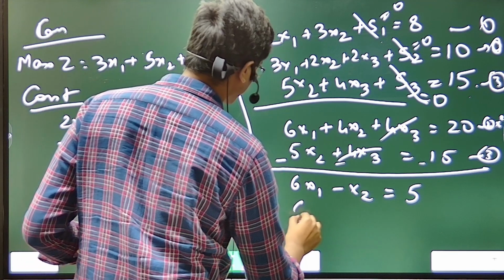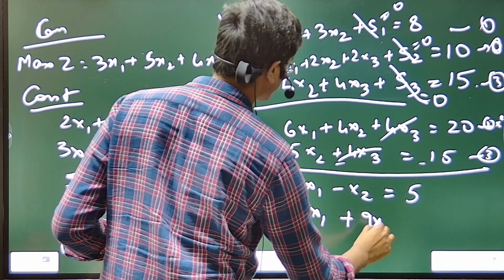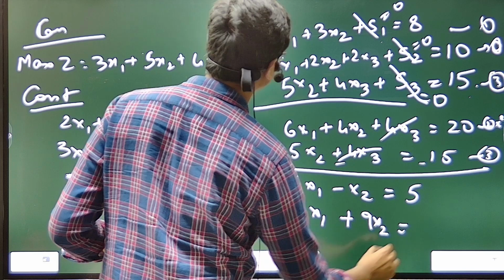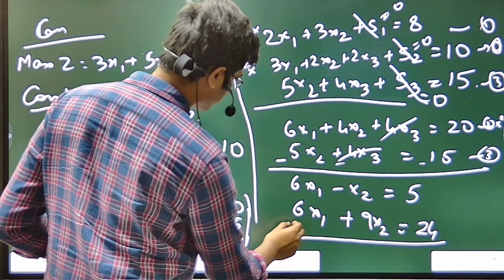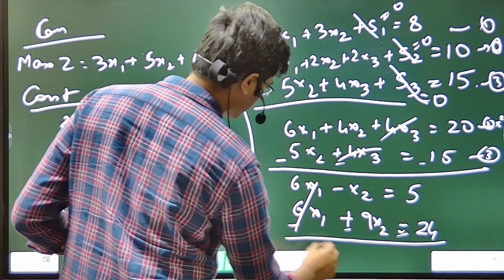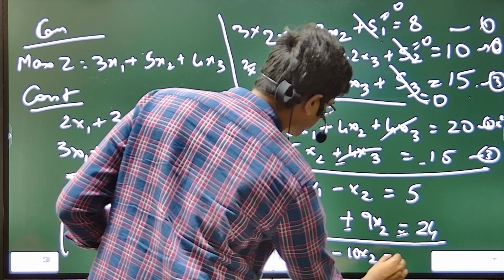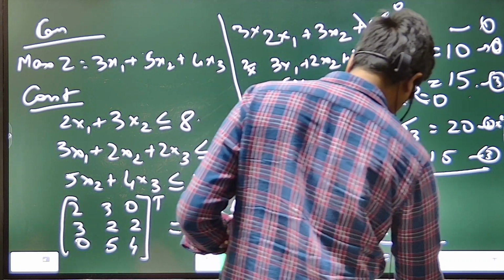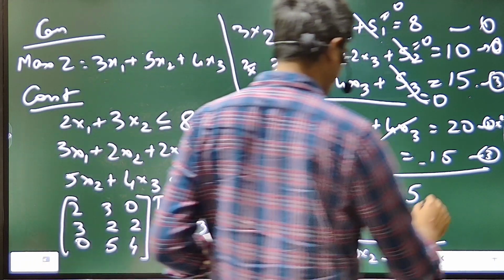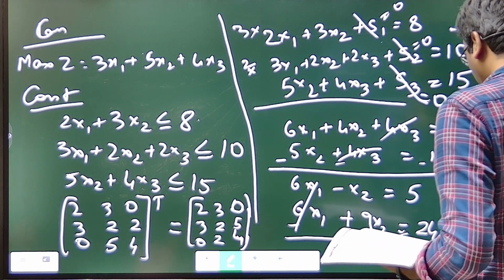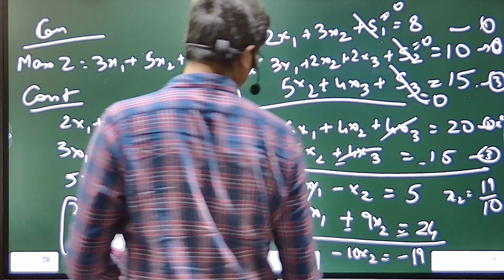You have 6x1 plus 9x2 equal to 24. Correct? Let me subtract this. Minus 10x2 equal to minus 19. Correct? So x2 equal to 19 by 10. Correct?